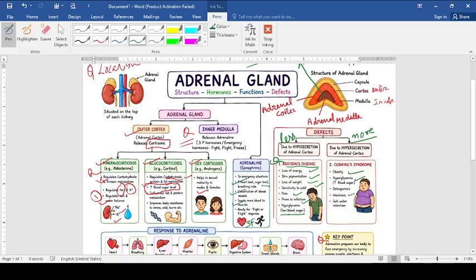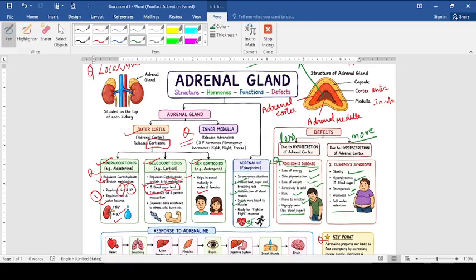And then because the person is becoming fatty, the bones are having more pressure. That's why osteoporosis takes place. Weakness will be there, and in the body there will be salt and water retention. These two are opposite diseases, because in one case the sugar level falls down, and in the second case the sugar level is increasing. So you have to always remember the diseases caused by the adrenal gland are two: Addison's disease and Cushing syndrome.